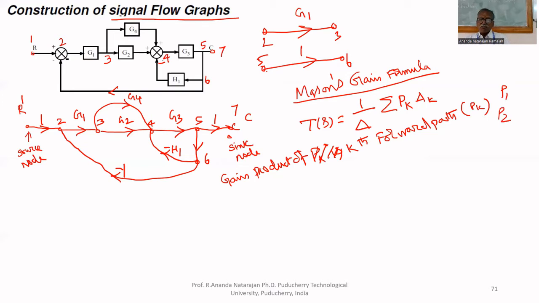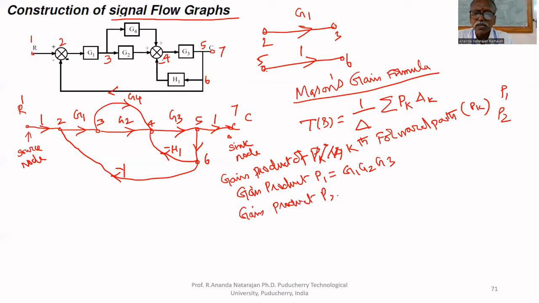The gain product of the first forward path P1 equals G1, G2, G3. Whatever the weights, we have to multiply. The gain product for the second forward path P2 equals G1, G4, G3.